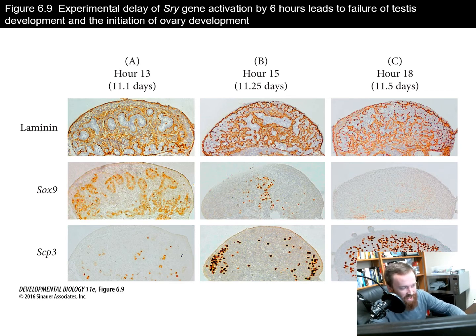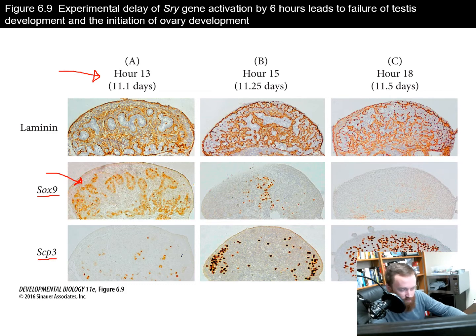So at 11.1 days, the proper time that it's supposed to be expressed, they heat up the sample, and we see SOX9, which remember SRY turns on, and which is then responsible for the development of testes. That's one of those key genes in testes formation.